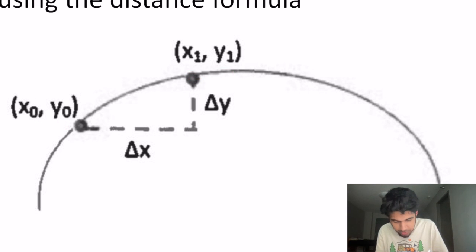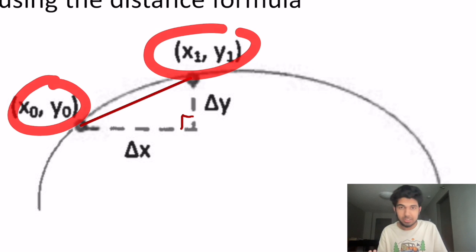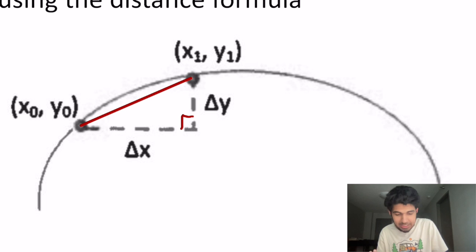And then notice that this is a right angle, so we can form a right triangle here. And we know how to find the length of that red line. We can use the Pythagorean theorem, and that equivalently is just using the distance formula on these 2 points right here. So that gives the distance between them, which is that red line.